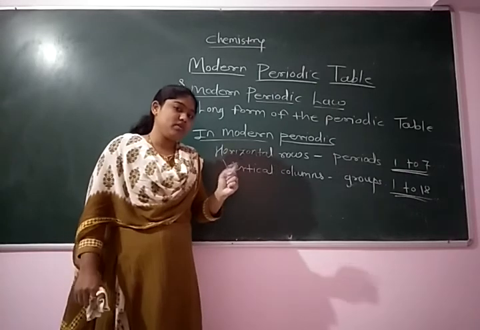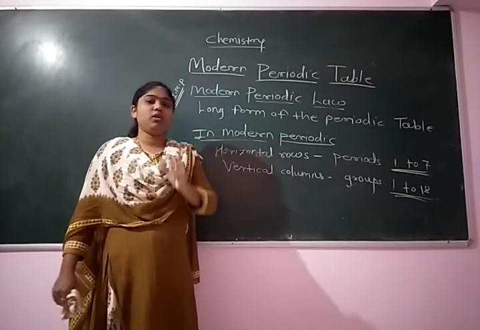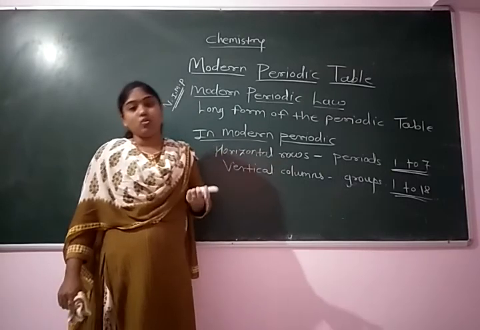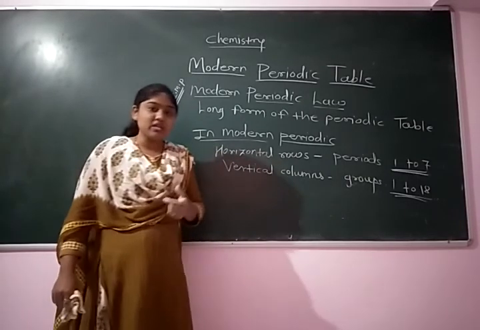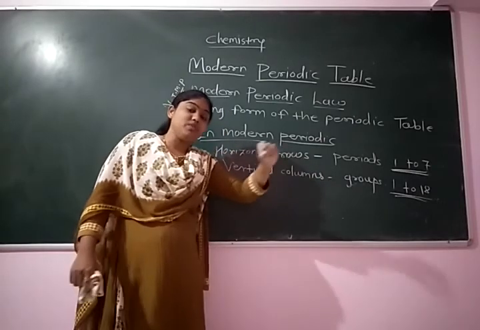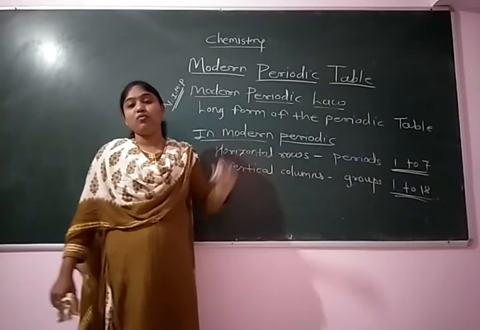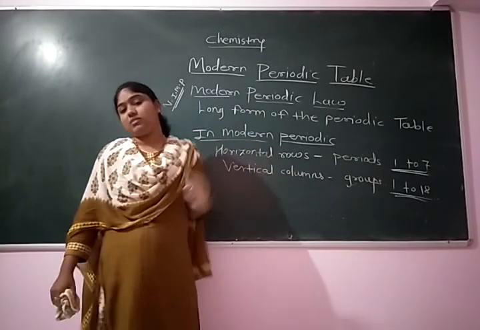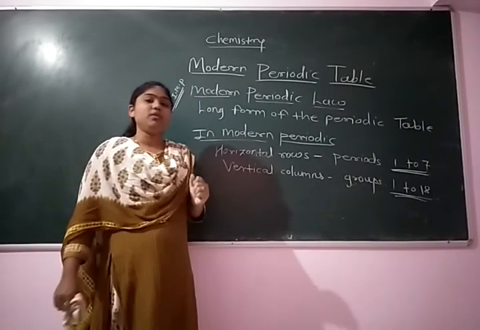Once again I will repeat. The physical and chemical properties of the elements are a periodic function of their atomic numbers. It means that the elements are arranged in increasing order of their atomic numbers. Therefore, this periodic table is called the modern periodic table.